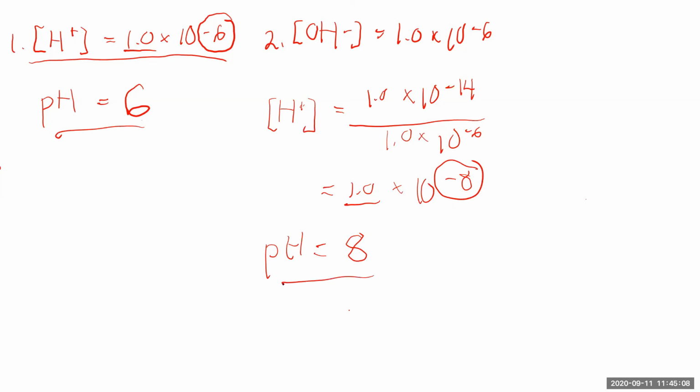Now, this is only true if the coefficient is 1. If you can observe, we have the coefficient 1 here, then the coefficient 1 also here. Now, what if it is not a constant 1? What if it is different? So, let's have examples. Example number 1. What is the pH level of a solution with a hydrogen ion of 6.3 times 10 raised to the power of -5?